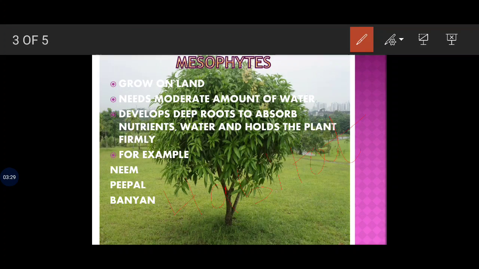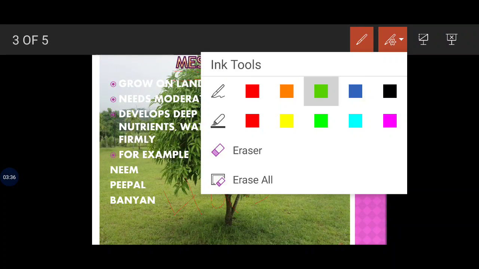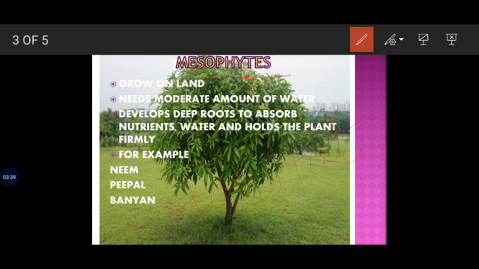Mesophyte is made up of two words. Meso means moderate, and phyte comes from the word phyta, a Greek term which means plant. So mesophytes are the plants that need a moderate amount of water.